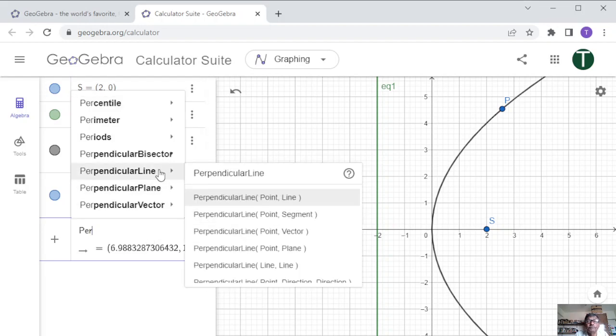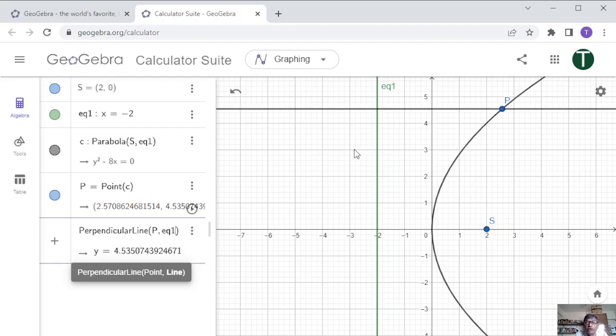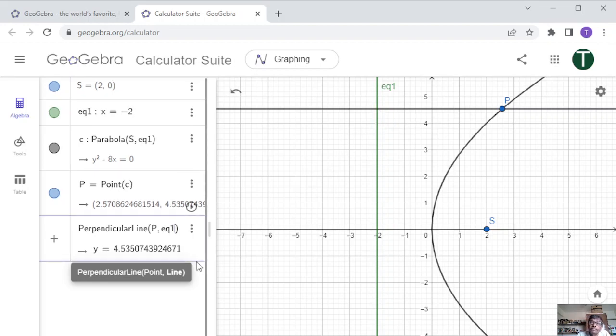You choose perpendicular line, and then you choose the perpendicular line from the point P, and which line, the directrix line, that is named EQ1. So you write EQ1, and it has drawn a perpendicular line. Then you see that is fine.